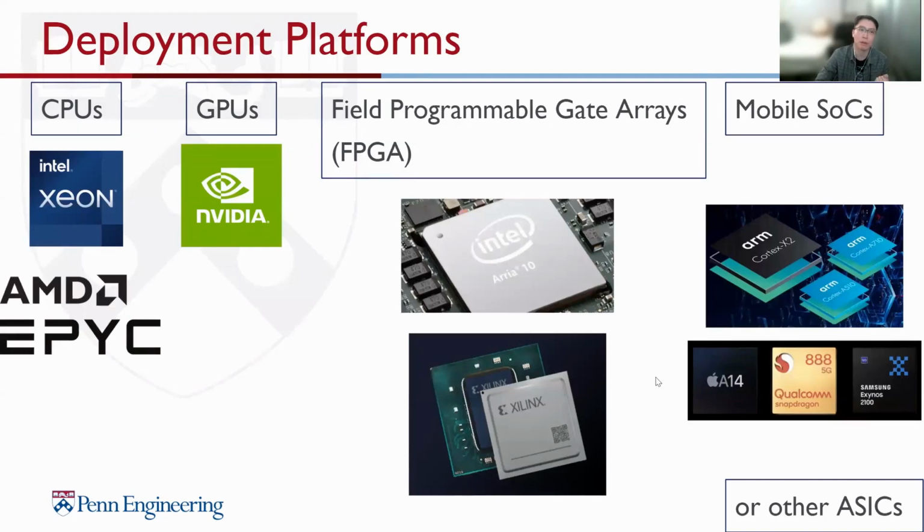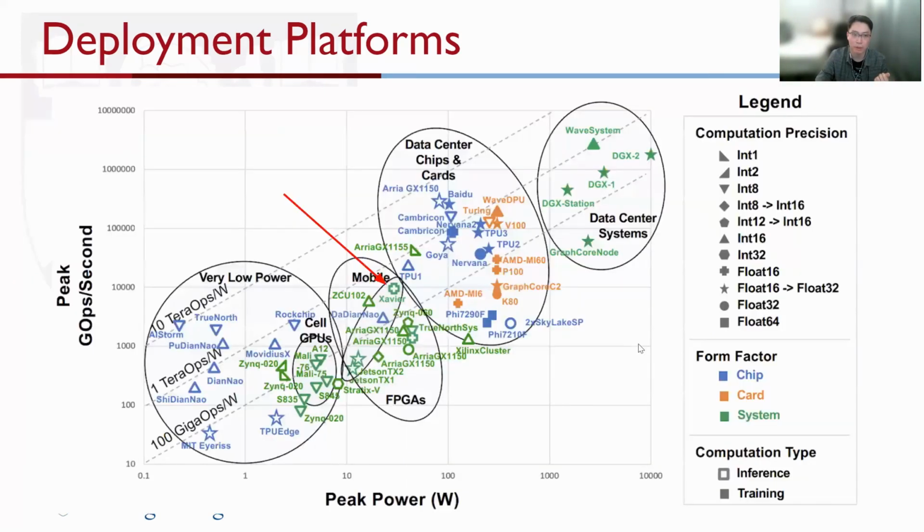So there are different platforms we can deploy on, right? There are CPUs, GPUs, FPGAs, or mobile SoCs. Depending on what type of platform you use, you need to use the platform-specific packages for deployment.